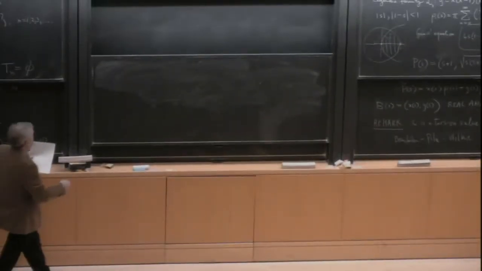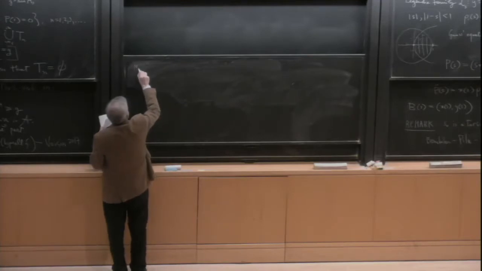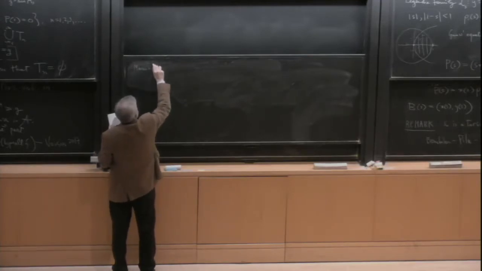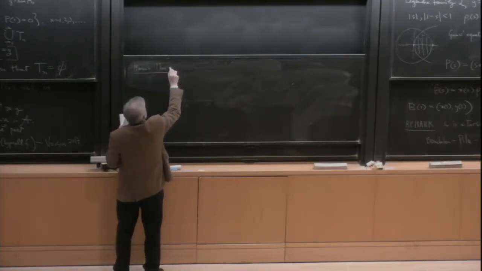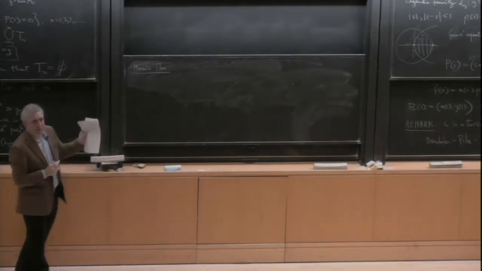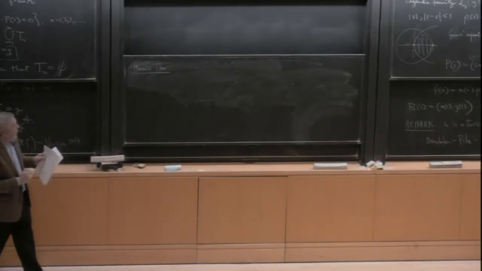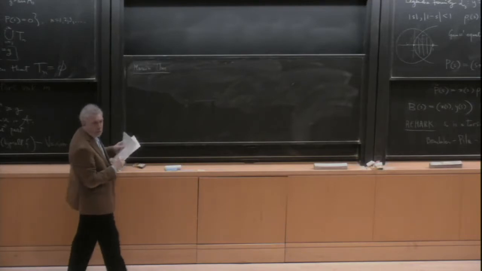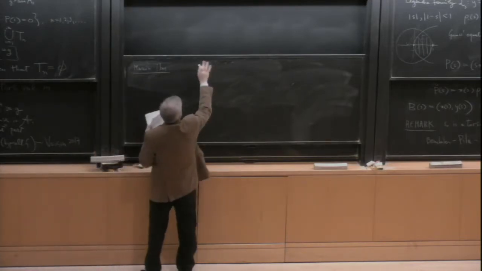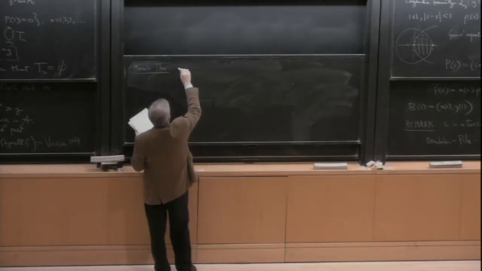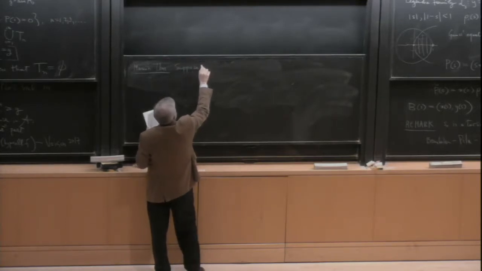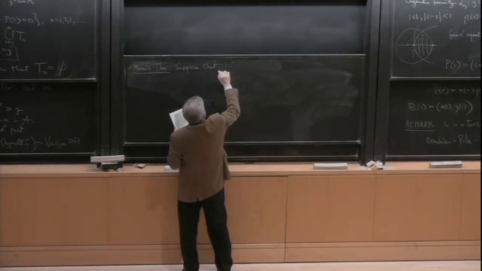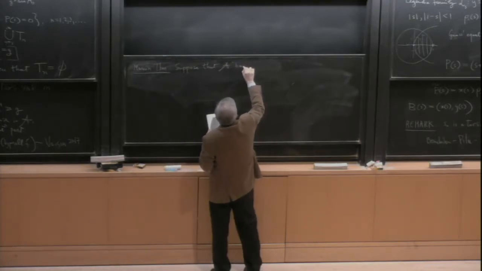So, Manin's theorem. This is only one of the results that he had in this paper, but it was a crucial one to prove the rest. Suppose that the family A has no constant part.